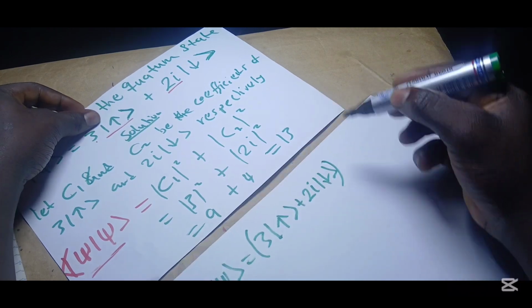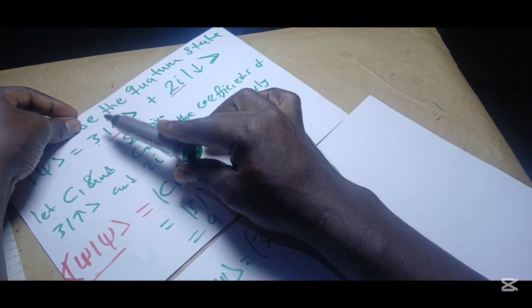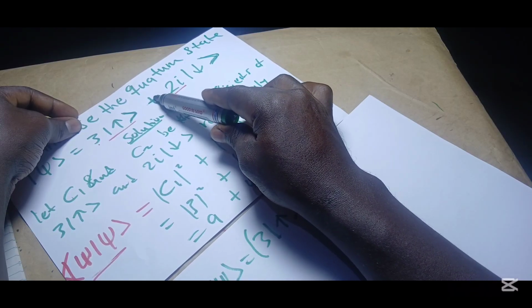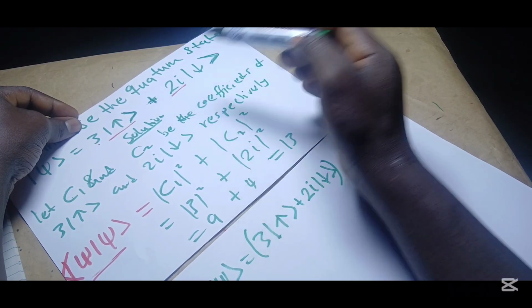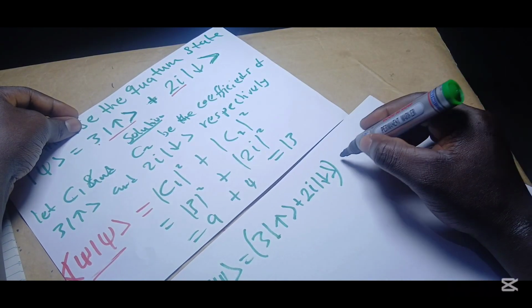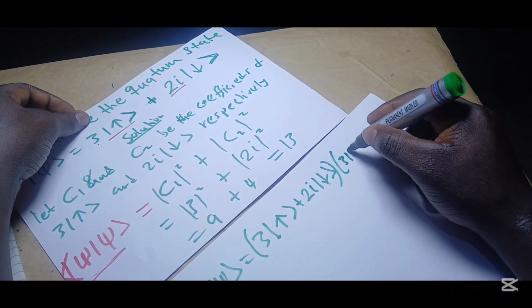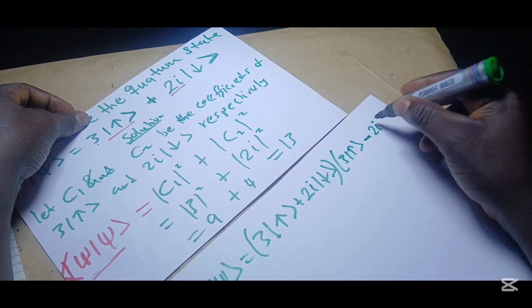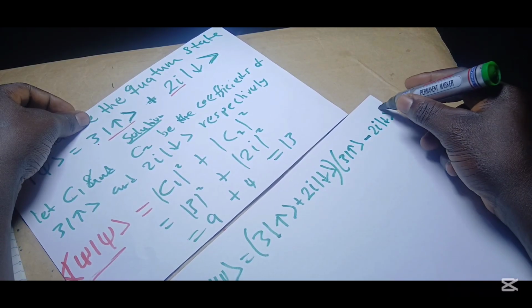And then we write whatever is here, but in this case, the operation sign is going to change. So it becomes minus. So we are going to write 3 spin up minus 2i spin down ket.